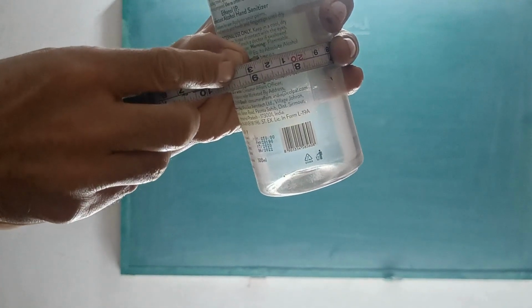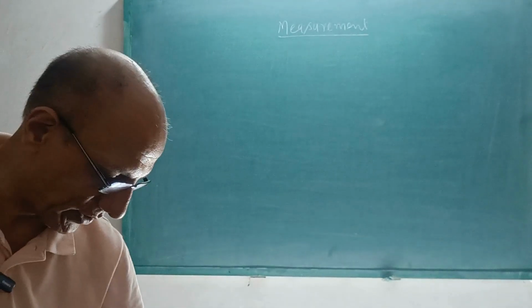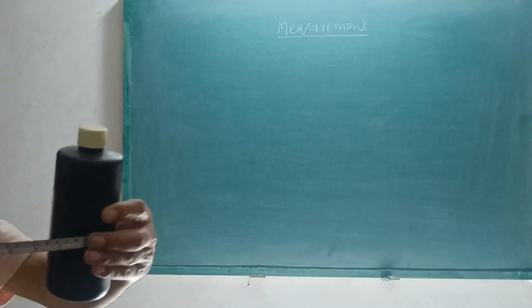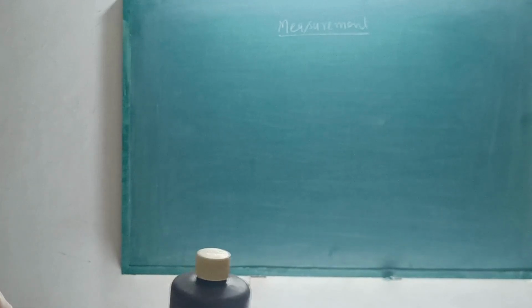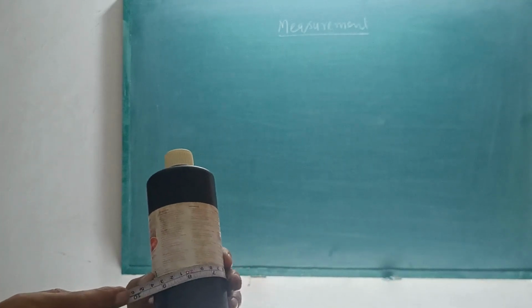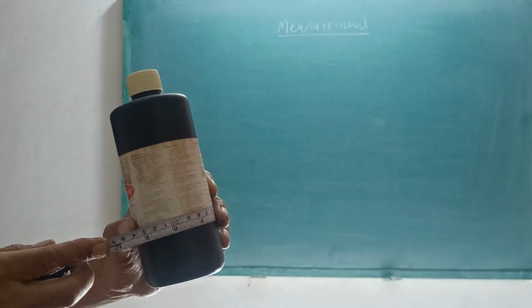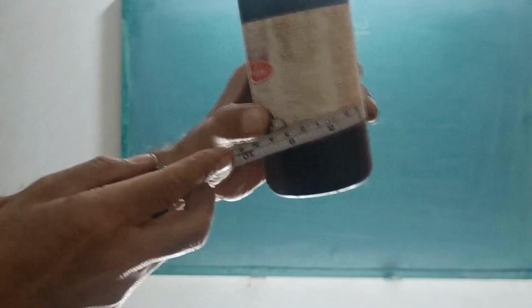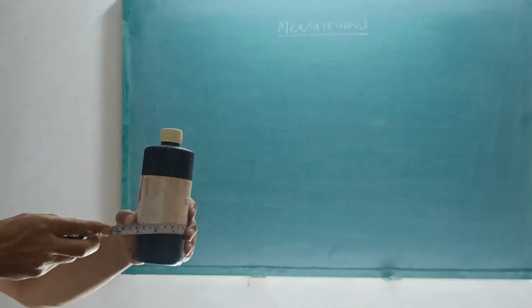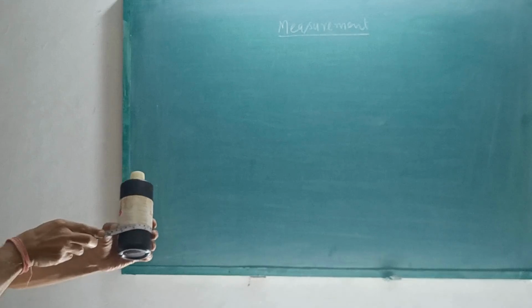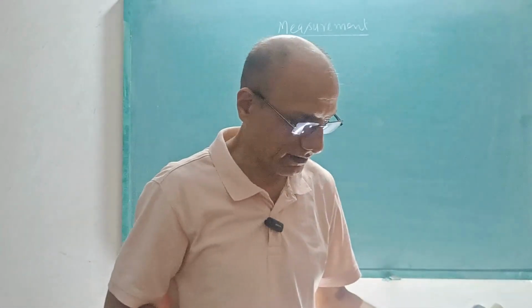Just see, 22 or 9. And here you can see this is 23 and a half. Just see, 23 and a half, or you can say 9.5 inches, or 23.5 centimeters.